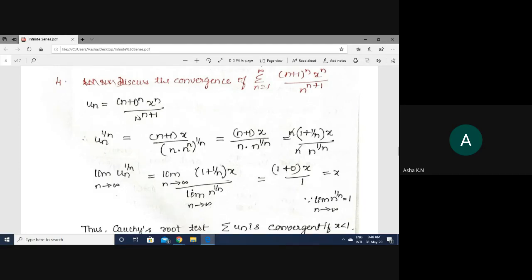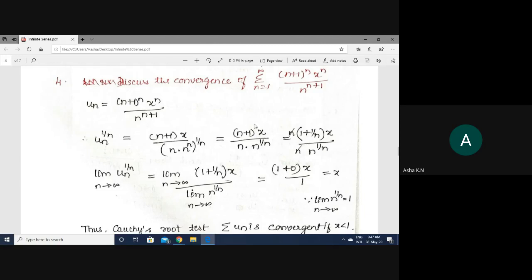Denominator is n power n into n power 1, whole power 1 by n. We are raising the power 1 by n. So denominator is n power n, and then n power 1 is n whole power 1 by n.